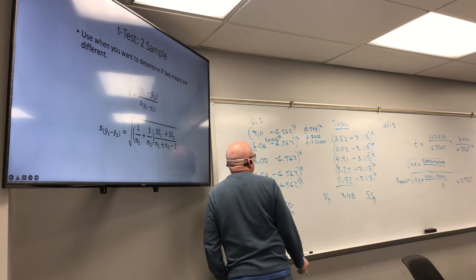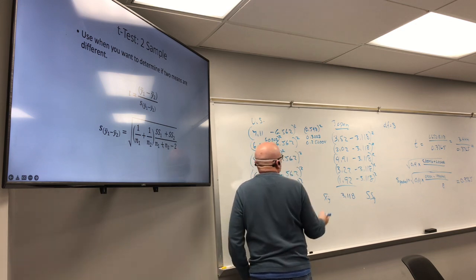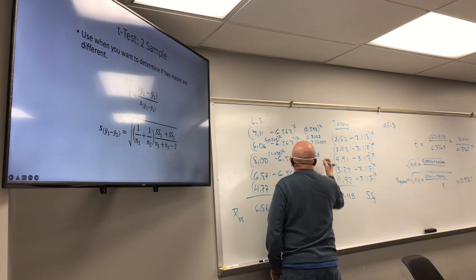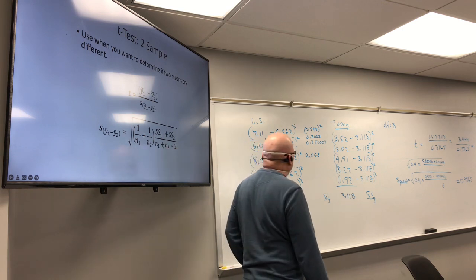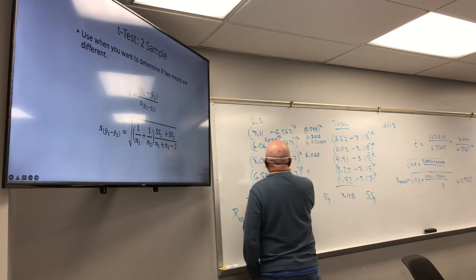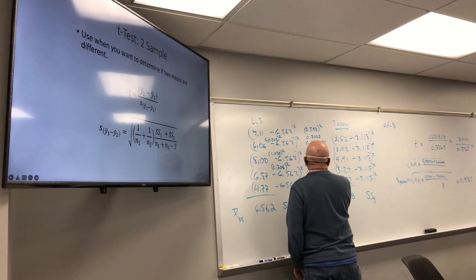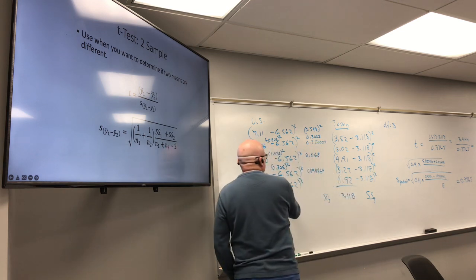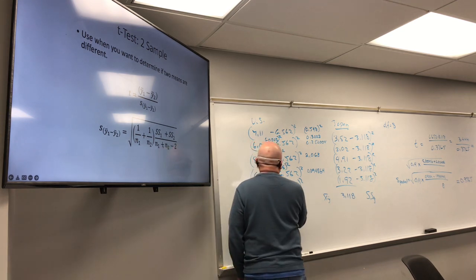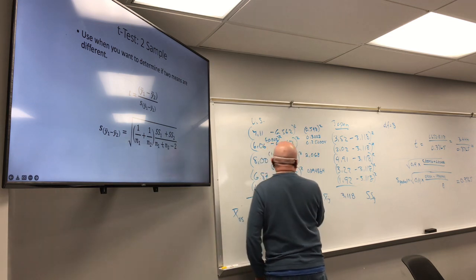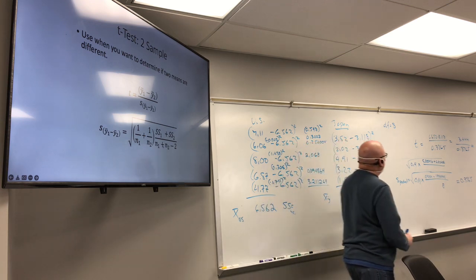Eight minus 6.562 squared. 6.87 minus this squared. 4.77 minus this squared. Okay, and so that sums to this.